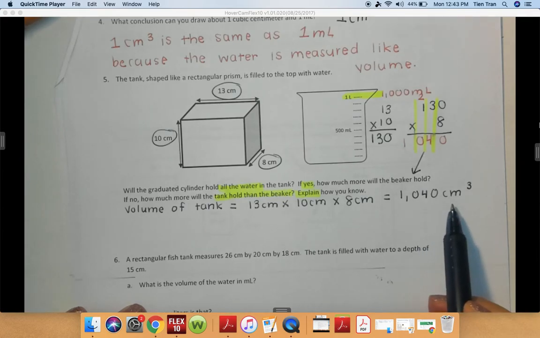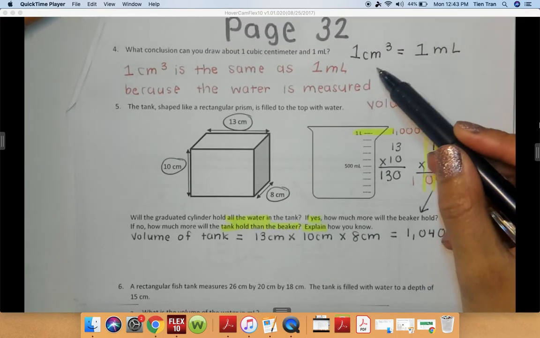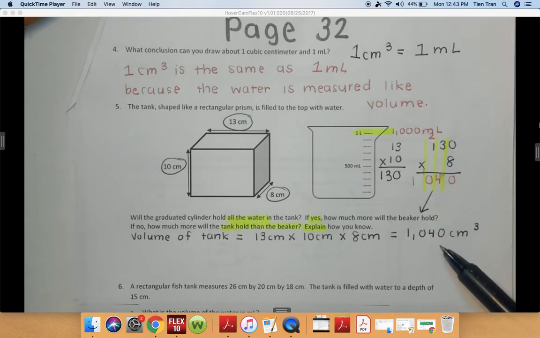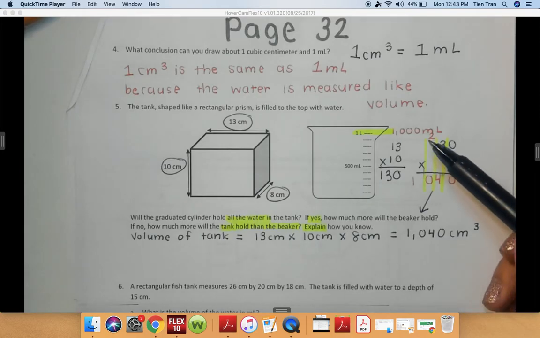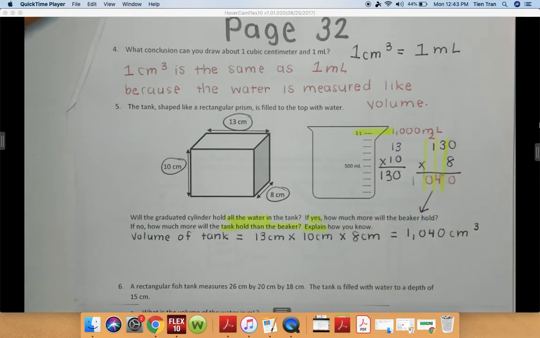So 1,040 centimeters cubed, 1,040 milliliters. And remember I said 1 centimeter cube is equal to 1 milliliter. So 1,040 centimeters cubed should equal 1,040 milliliters. So it looks like this beaker right here would not hold it all.